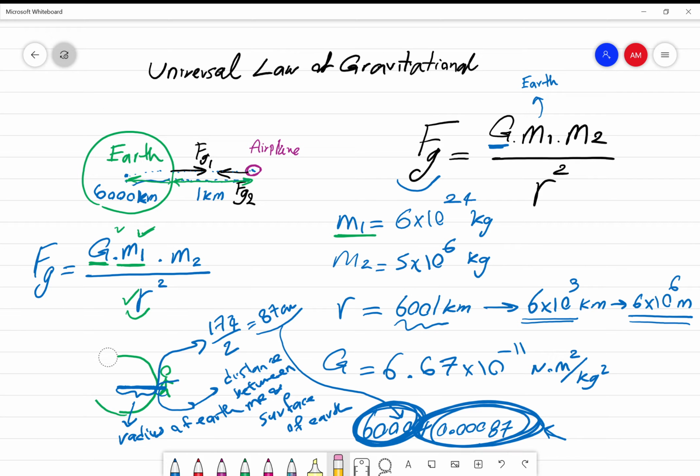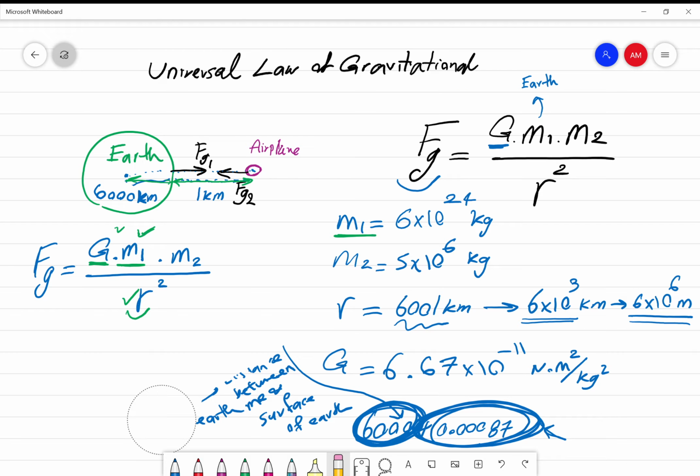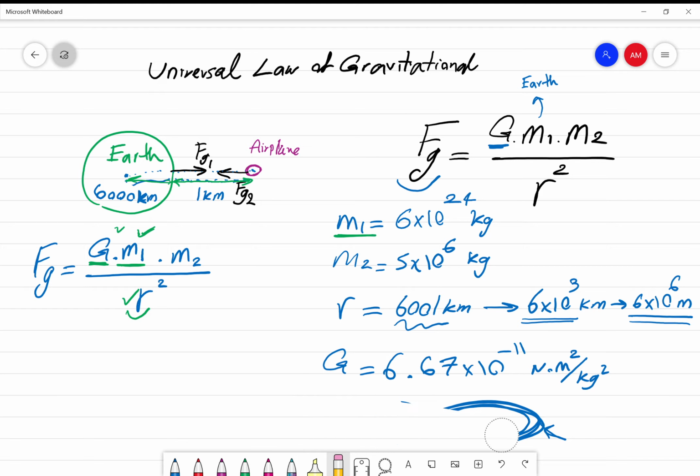Okay. So now what conclusion do we make from here? The conclusion is that when you're calculating the force of gravity between Earth and any other object, where Earth is one of the objects, so one part of it is Earth, the other part is something else, in this case an airplane, it could be some other object, the value for G is always constant.